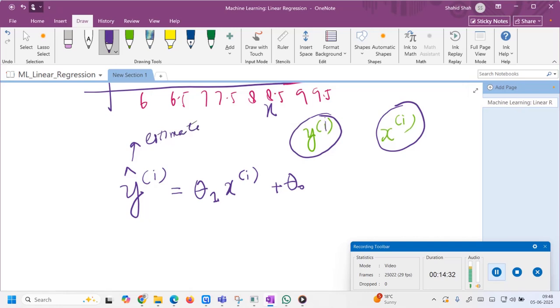What do I mean? Suppose someone, some genie, tells you the value of theta 0 and theta 1. After that, he tells you that the CGPA of a student is, suppose, 9.1. Can you estimate the salary without looking at the data set?